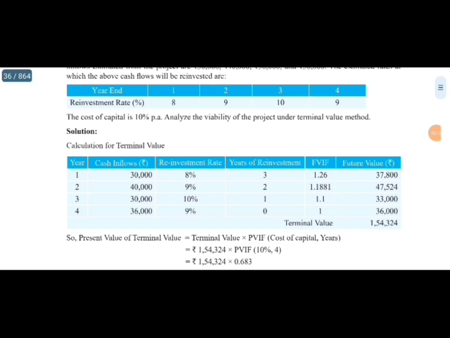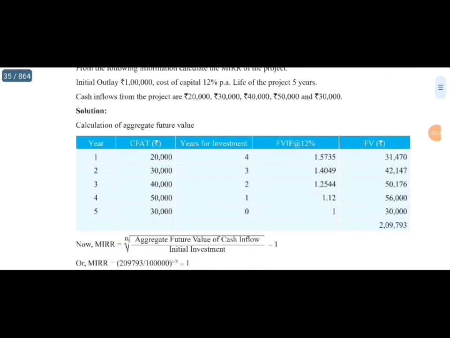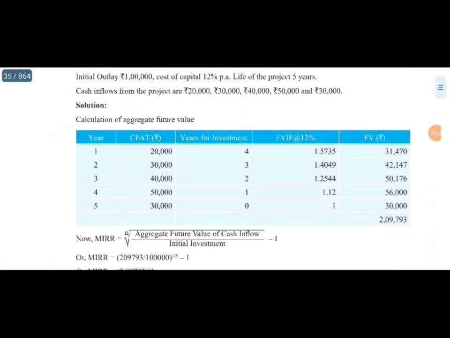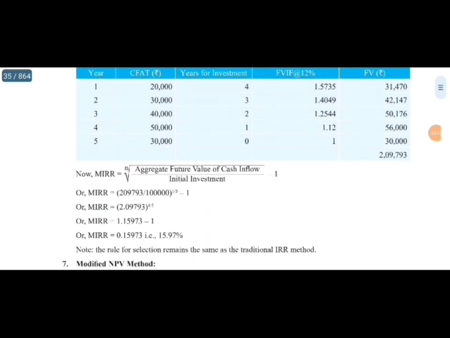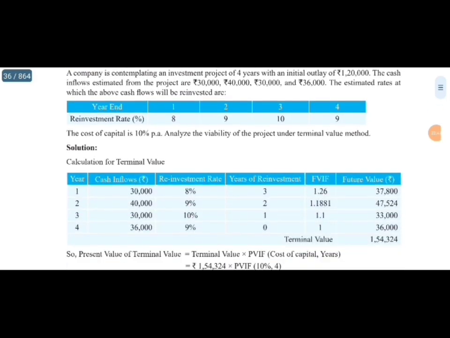But here we see two changes, that is the reinvestment rate and the year of reinvestment. In the IRR, the cost of capital remains the same for all the years. In the modified IRR method, the cost of capital given is 12% for all the years. Whereas in the modified NPV method, the reinvestment rate is different for the 4 years.